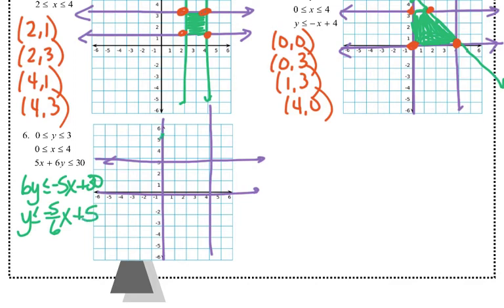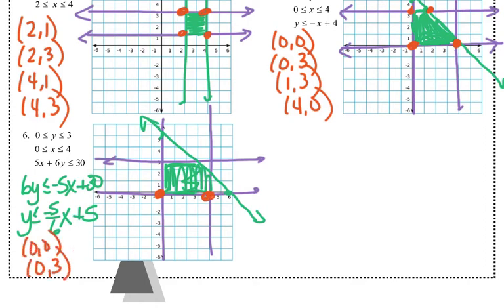So down 5 over 6. Now this one actually might not come out to be a nice point. I've got to think about that. Right off the bat you see your easy points to find for your corners: (0, 0), (0, 3). It looks like (4, 0). But what about these 2 corners?